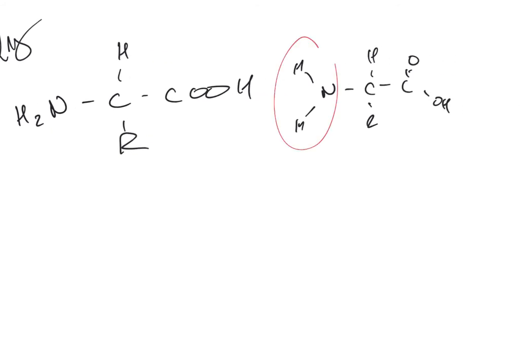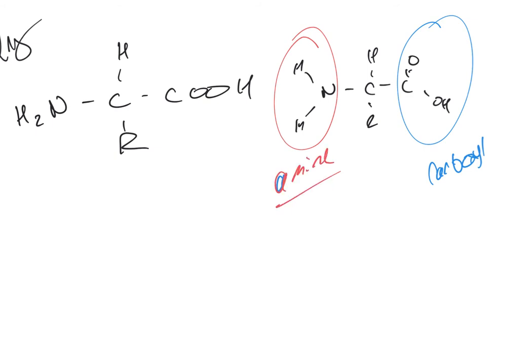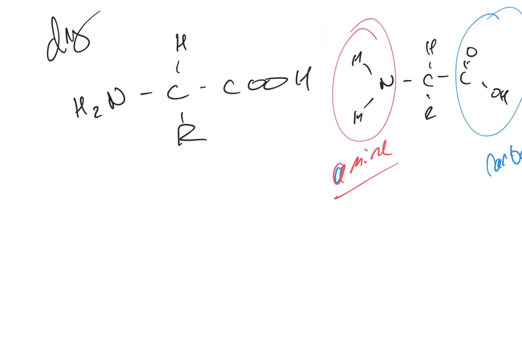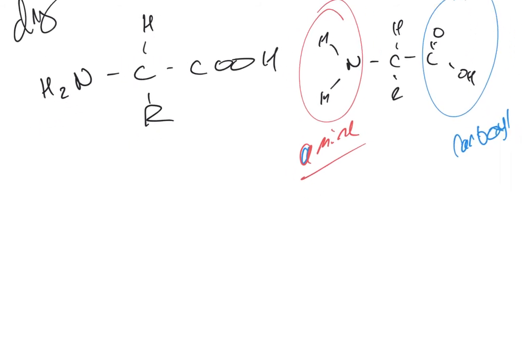Okay? This is your amine group. This is your carboxyl. So this is carboxyl, and this is amine. This is the dry form.